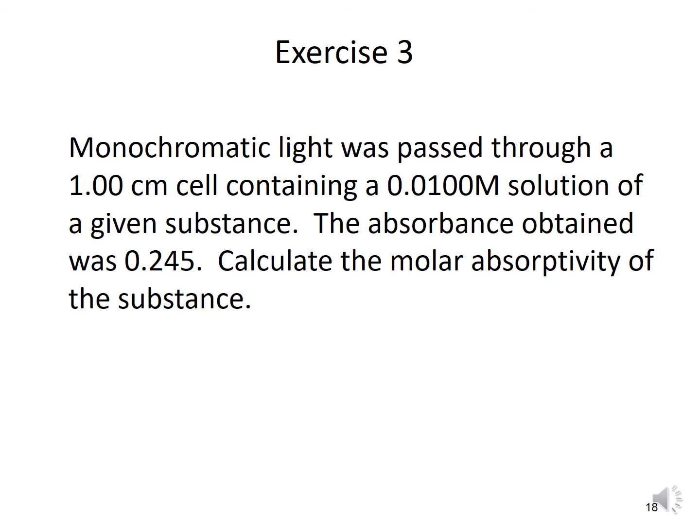So here in this case, monochromatic light was passed through a 1 centimeter cell. So 1 centimeter cell here, this is actually what we call the B value. And then the cell containing 0.01 molar, so this is actually the C value.